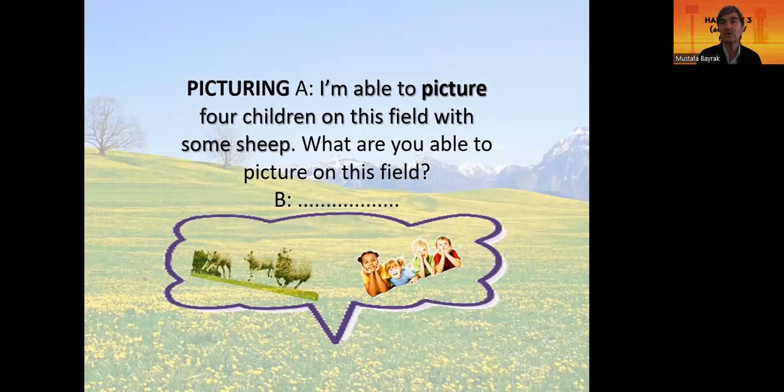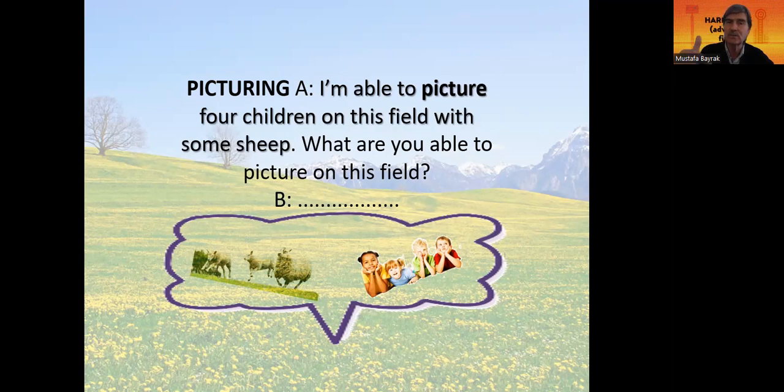What are you able to picture on this field? Yes, I am able to picture a car and 2 bicycles. I'm able to picture a building, or I'm able to picture you as the boss, as the owner of this field.